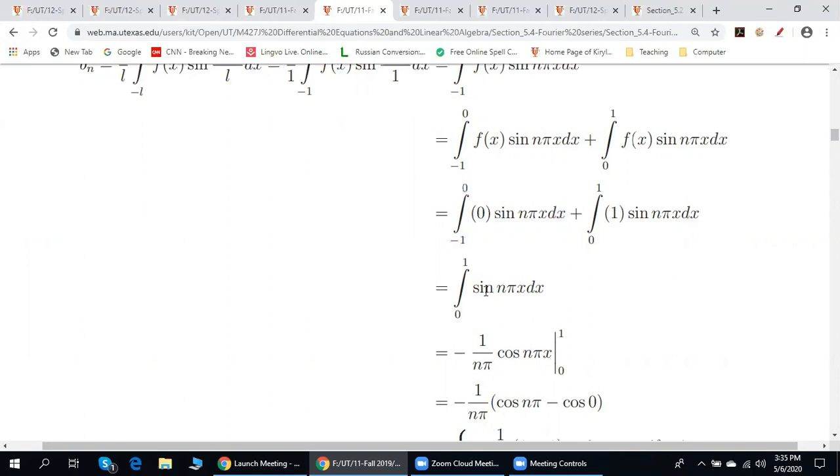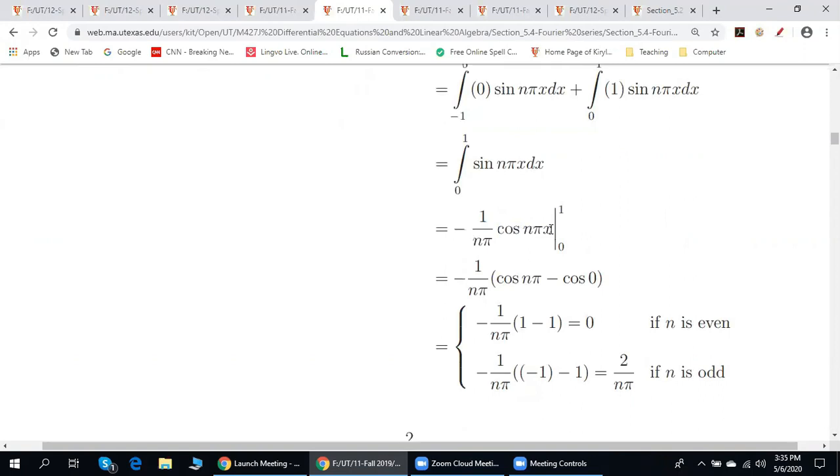By substitution, the antiderivative of sine n pi x is over here. We plug in 1 instead of x, done. We plug in 0 instead of x, done. Observe that cosine of 0 is 1. Now let us talk about cosine of n pi.